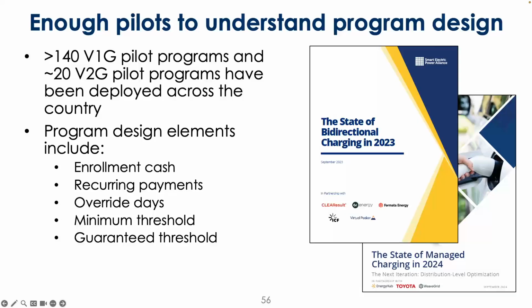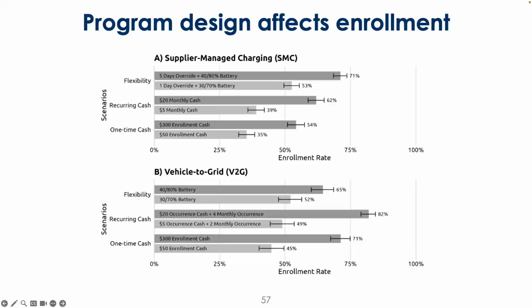So giving people override days is really important. You can have minimum thresholds. So something like, you can control the charging and discharging as you like, but you have to make sure tomorrow morning I'm at least 85% or 90% charged. You can have these guaranteed thresholds where you say, you can charge and discharge my battery, but please don't go below 40% or 50%, right? So there are interesting aspects of the program design. And we've done some work to look at how those flexibilities affect people's enrollment.